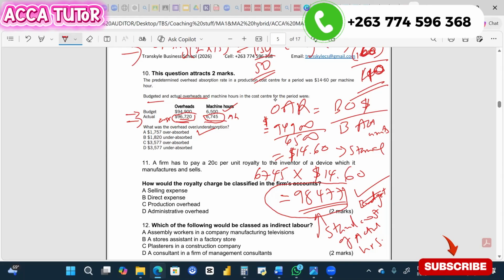If the standard cost of actual activity is greater than the actual cost of actual activity, then you have over absorbed. Once you determine that, do your subtraction and you get it right. Otherwise, if you simply start by doing the subtraction, you then have to say, I've determined a negative or a positive, then what is going on? You'll be confused.